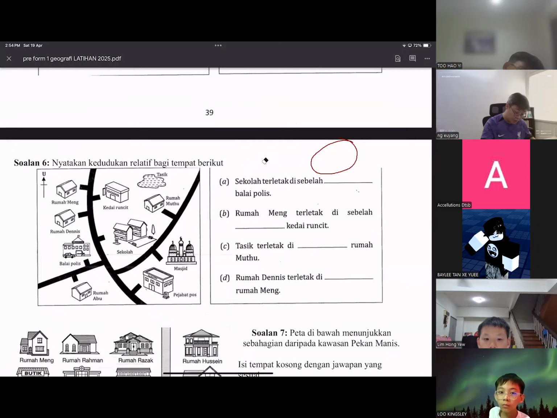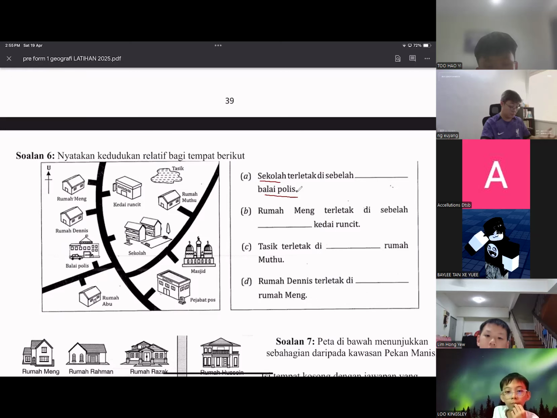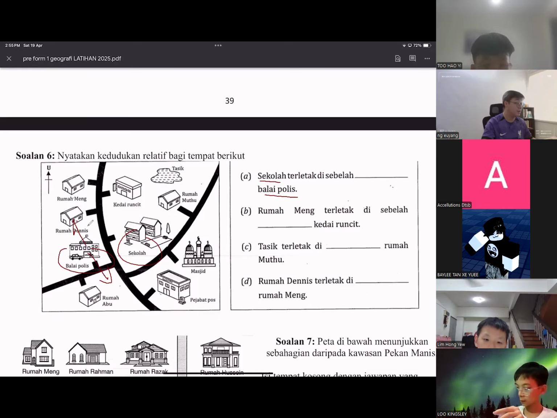Kedudukan relative. So, sekolah terletak di sebelah balai polis. What is the kedudukan relative for question A? Look at the screen. Sekolah terletak di sebelah balai polis. So this is your sekolah. This is your balai polis. So this is front, then this is back of balai polis.